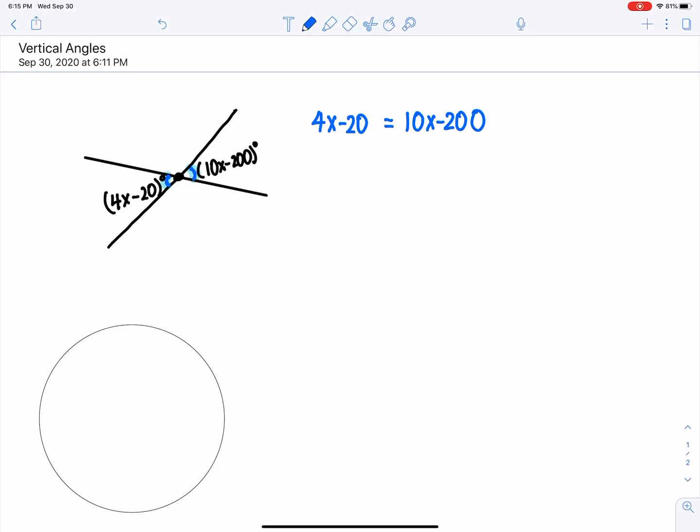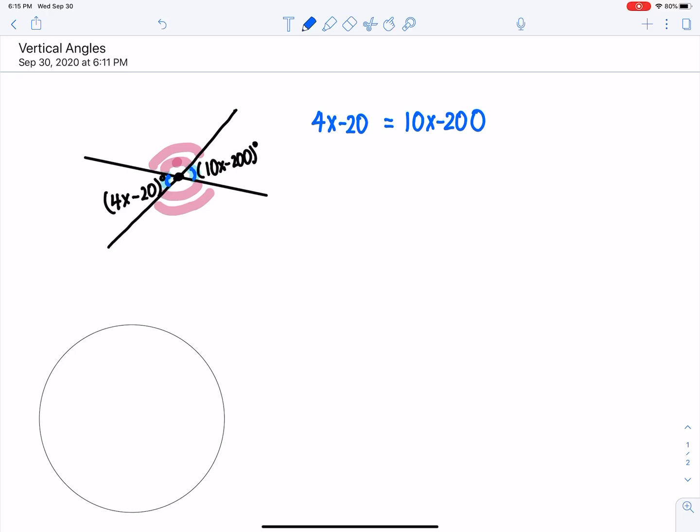Now, in case you had to find other pairs, just to be clear, these two angles are also congruent to each other. But to show that they're different from the blue angle, I put two loops, and for the blue angles, I put one loop. All right, so now let's continue solving this algebraic equation. We're going to bring the variable to the left.